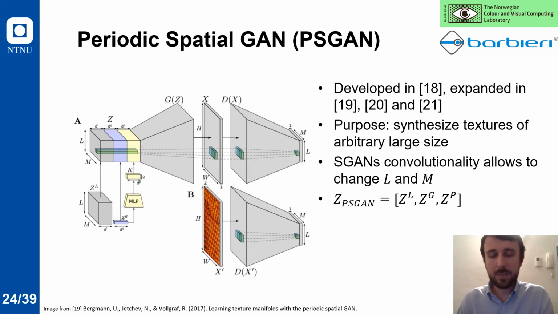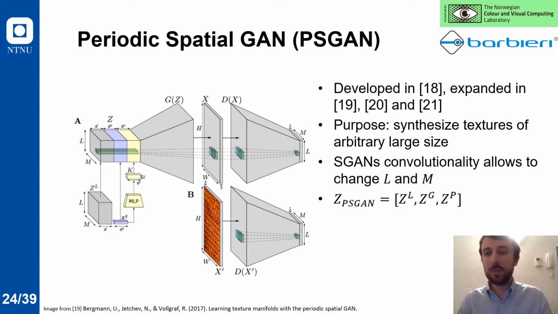This was achieved by the basic spatial GAN, by defining a generator and a discriminator that are fully convolutional. This allows one to change the dimension of the input noise tensor, and based on this, the output will also change dimension accordingly.